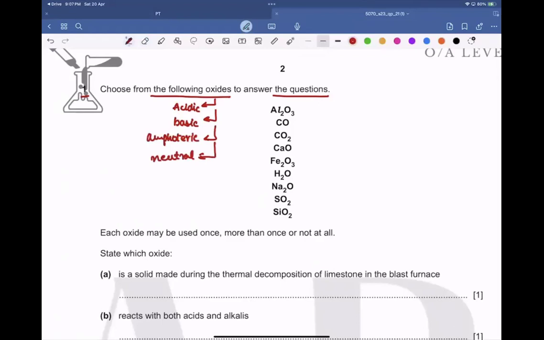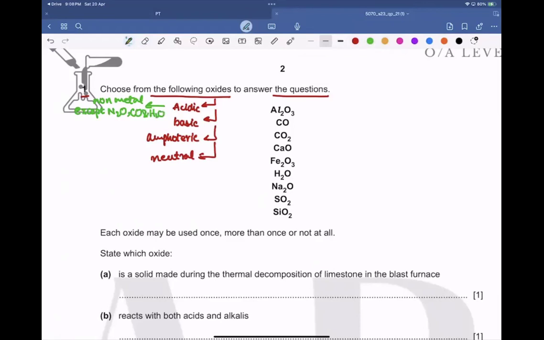So, what are acidic oxides? If you recall, when non-metal elements bond with oxygen they form acidic oxides, but there are exceptions. What are those exceptions? Dinitrogen oxide, CO, and H2O.